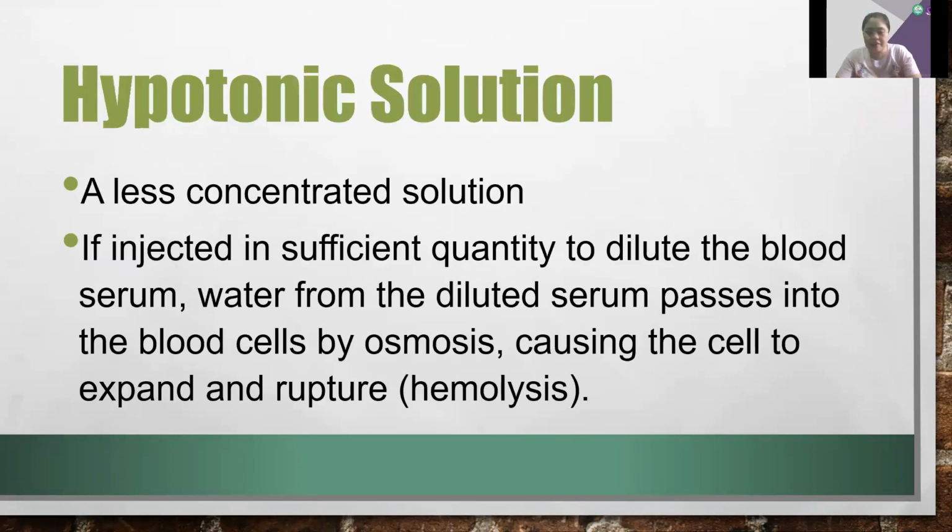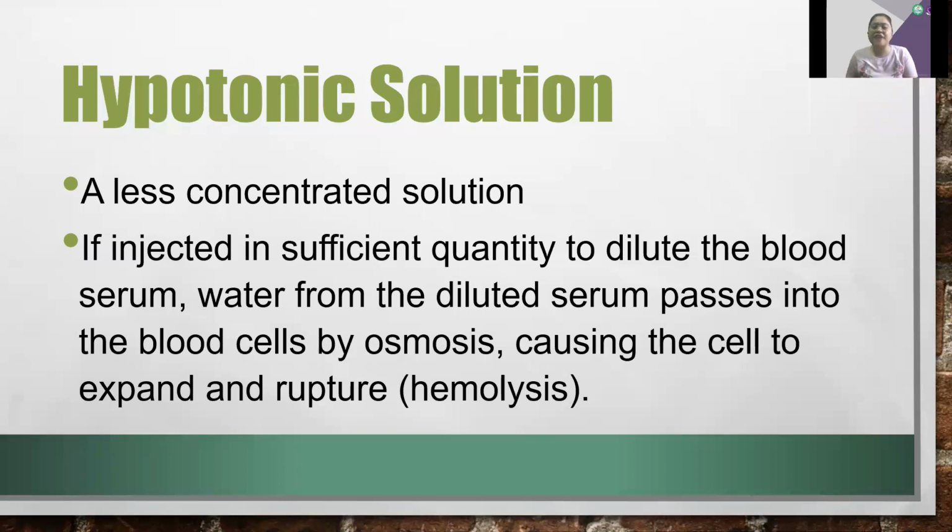Now, we have the so-called hypotonic solution. Okay? Again, we have hypotonic solution. Ito yung mga solutions natin, class, that have lesser concentration compared to our blood. Okay? Lesser yung hypotonic. Lesser ang solute concentration sa blood.